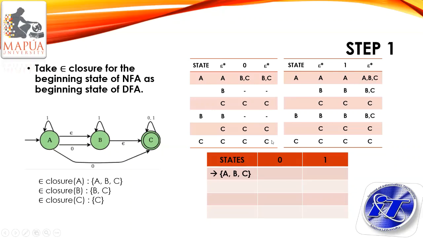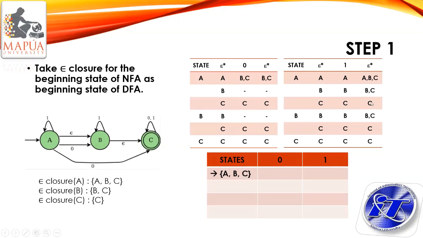For B at 1, it loops within itself, but the closure of B is BC, so the final path for B at 1 is BC. For C at 1, it just loops within itself, so the final path is C.